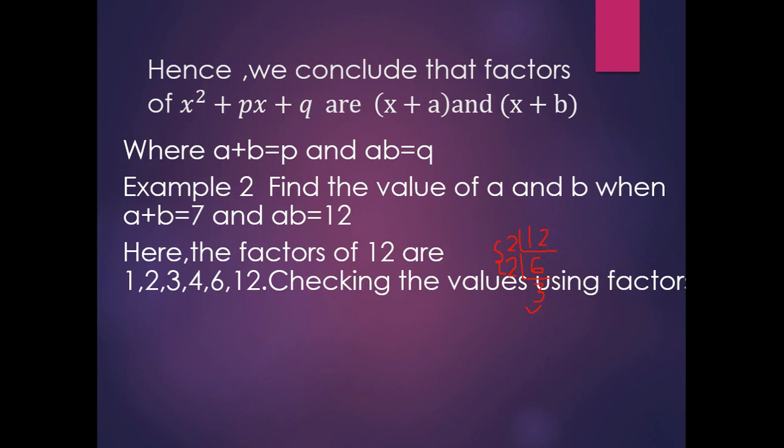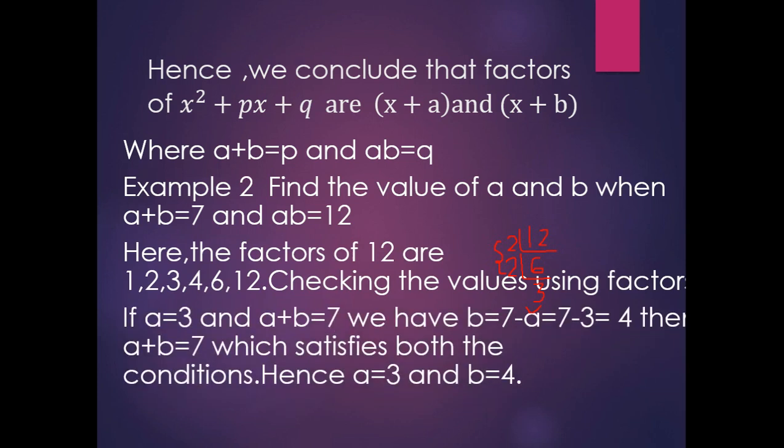Checking the values using factors, A equals 3, A plus B equals 7, so B will be 4, then A plus B will be 7. We satisfy both the conditions, hence A equals 3 and B equals 4, or A equals 4 and B equals 3 also we can write. So in this way we can find the value of A and B.